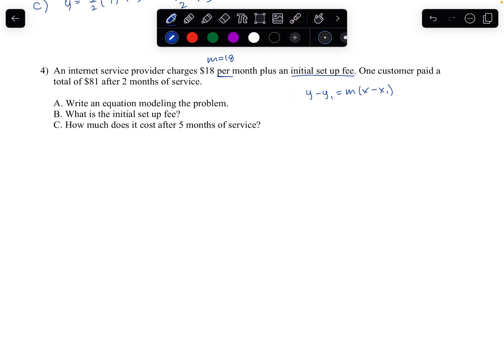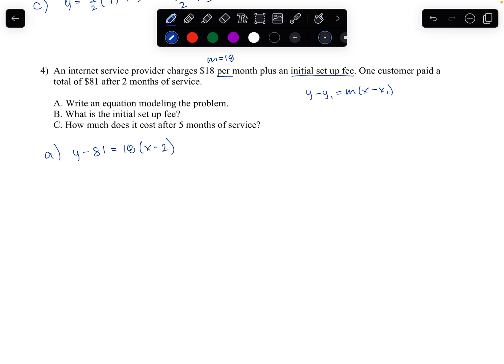And remember, point slope form just involves using a point, so a given x and y value, and the slope. So we know that the slope is 18. And then we do know a data value from the information given to us. It was $81 after 2 months, so x1 would be 2 and y1 would be 81. And so for A, I'm just going to write y minus 81 equal to 18 times x minus 2.